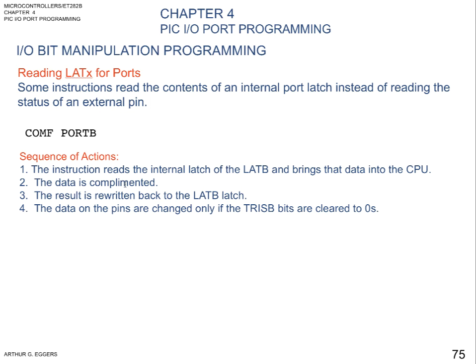The data then is complemented, so if it's a 0 it becomes a 1, if it's 1 it becomes a 0. The result then is rewritten back to latch B. The data on the pins then is changed only if the tri-state register B bits are cleared as 0. So it's holding or accumulating our values to make some decisions in what to do next.